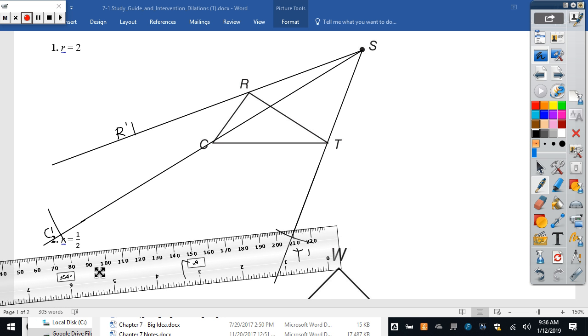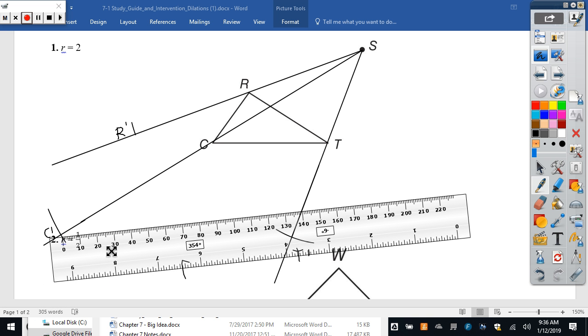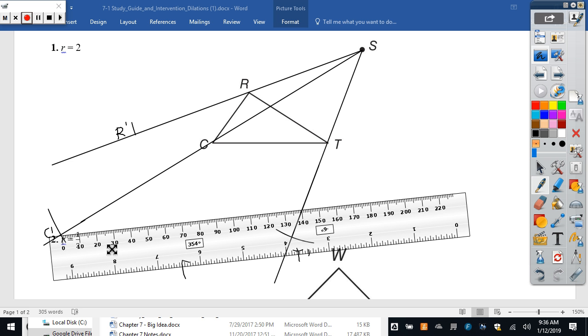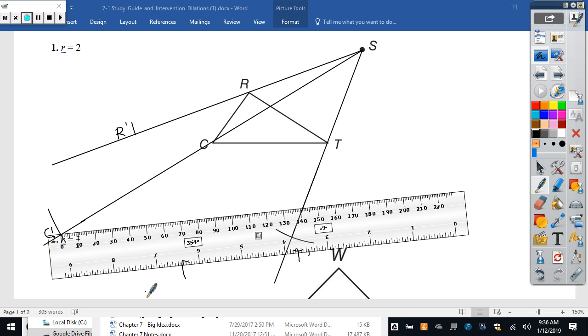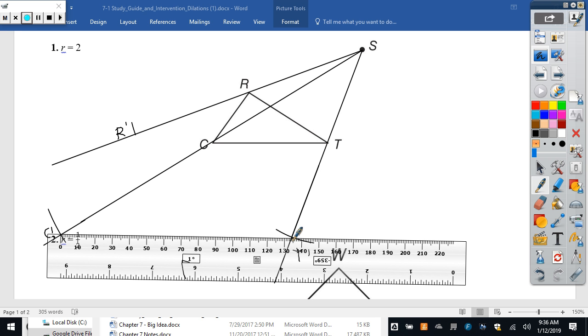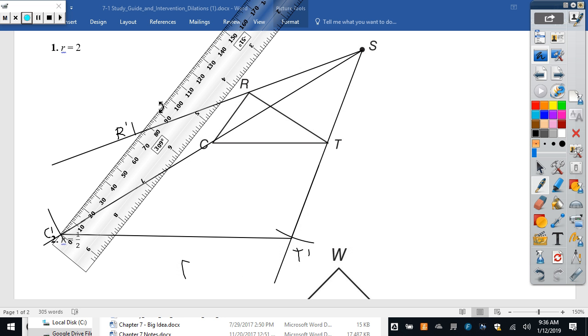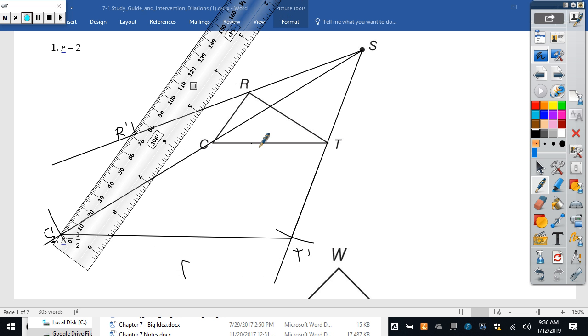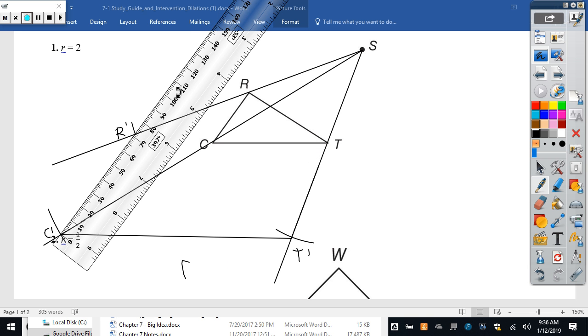Okay, so in the end, if we finish this up, the question that you might want to ask yourself right now is, when I think about CT, so this line right here, with respects to C prime, T prime, what should their relationship be?